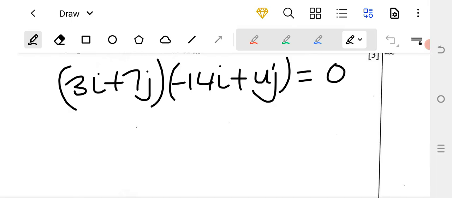So this means that 3 multiplied by negative 14 is a negative 42. So what have I done? I'm multiplying this and this.